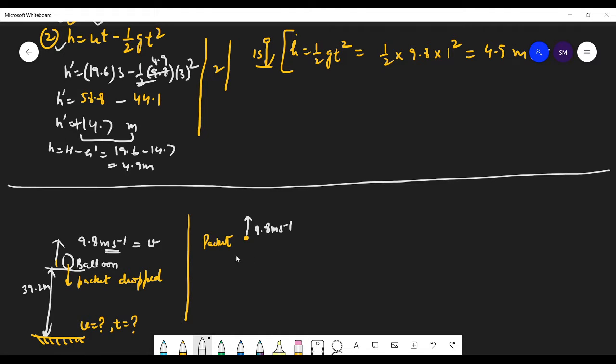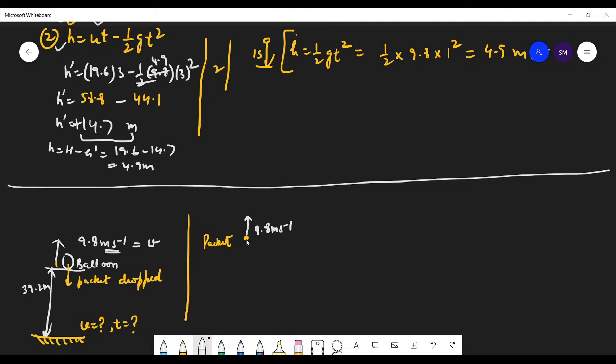Yes? Yes, sir. See, your packet and balloon are not separate. Packet and balloon were together. So the velocity with which the balloon was moving, with the same velocity, packet was also moving. Okay?